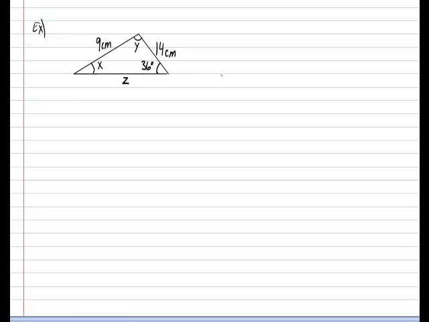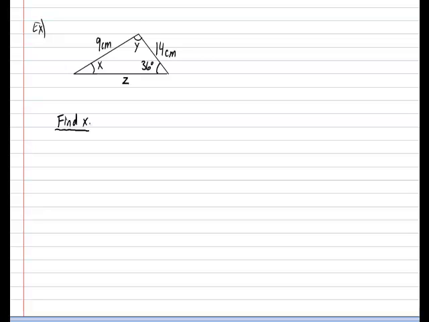Alright, let's take a look at using the sine law one more time. So in this example, we need to find two missing angles, x and y, and one missing side, the side labeled as Z. So I'm going to proceed by first finding the missing angle labeled as X. So please put a subtitle, find X. Alright, so again, watch how the sine law can help us find either a missing side or a missing angle for any given triangle.